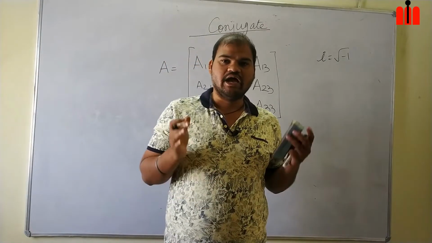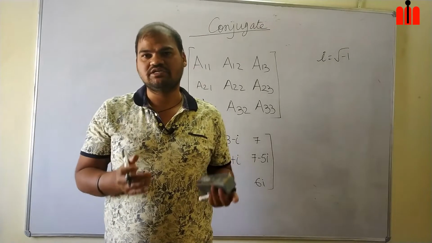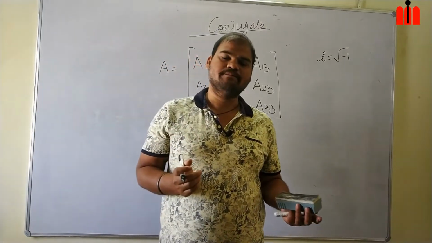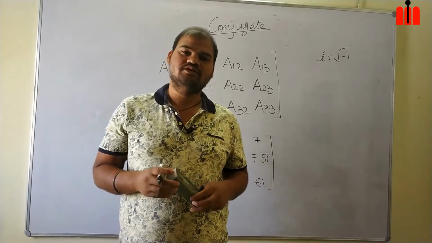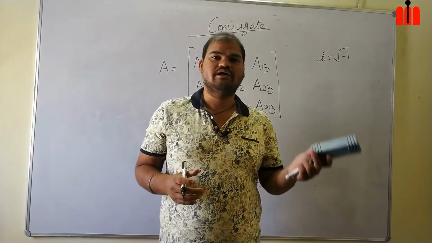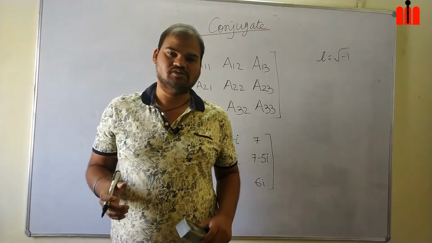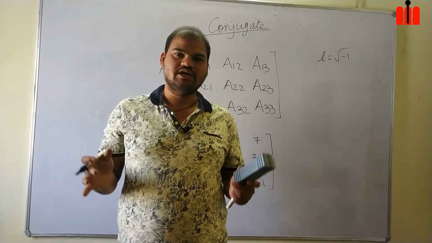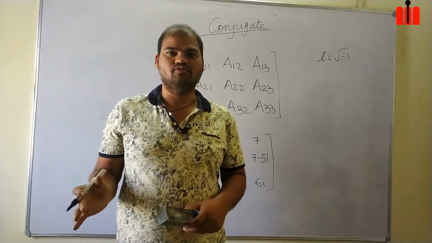So a number that is a root, derived from our quadratic equation, is expressed in the form of a real number and an imaginary number. A number is expressed as a combination of real and imaginary parts both.